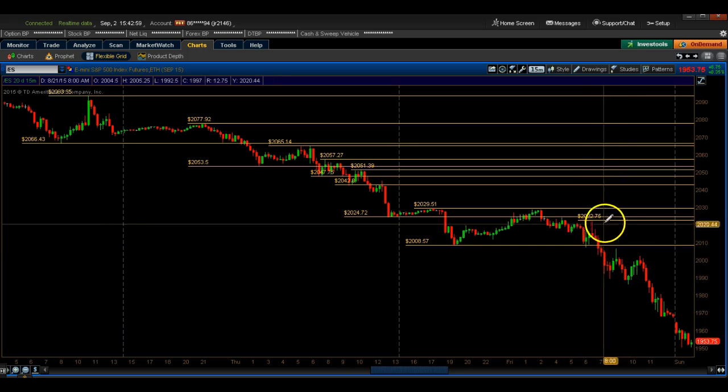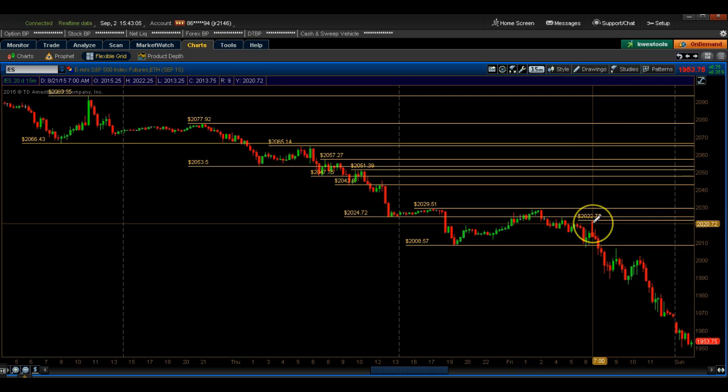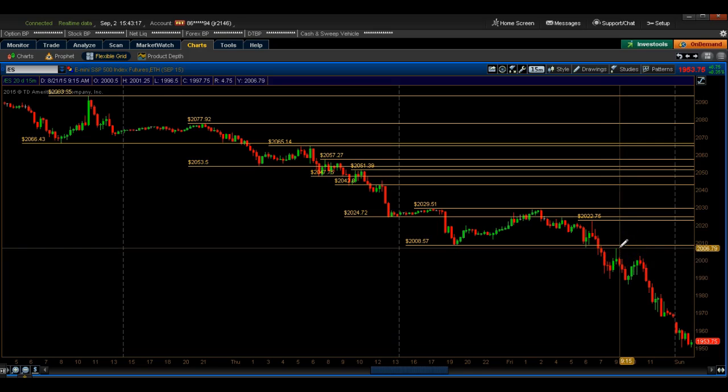No, we want it to retrace. We know where our stop losses can be, because if it breaks above its previous high, then we know the trend is different, right? It's now in an uptrend versus a downtrend. So on the retracement is where we want to look to enter for the short to continue the trend.